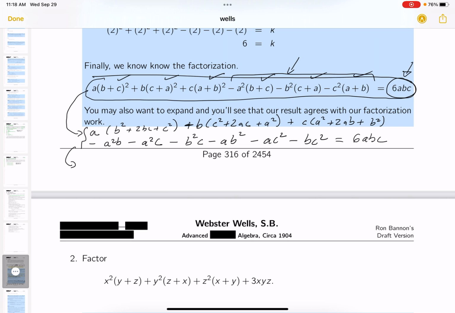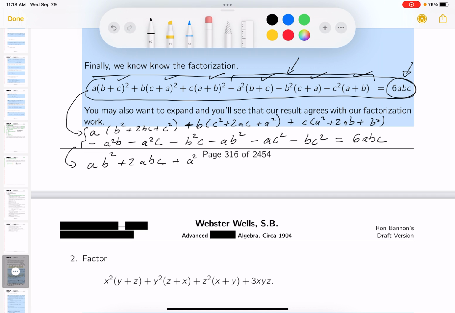What do you get? a, b squared plus 2abc plus ac. Whoops, I'm sorry, I misspoke. I'm daydreaming. I do it all the time. Let's see, ab squared, abc, and then ac squared. Sorry about that.